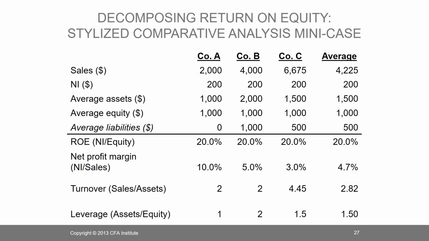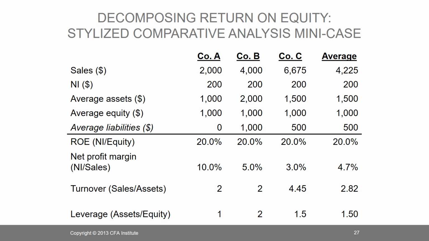Here we have a mini case example to analyze by decomposing the return on equity. As you can see in front of you, we have three hypothetical companies, company A, company B, and company C. And as you can see, all three companies have the same exact return on equity.